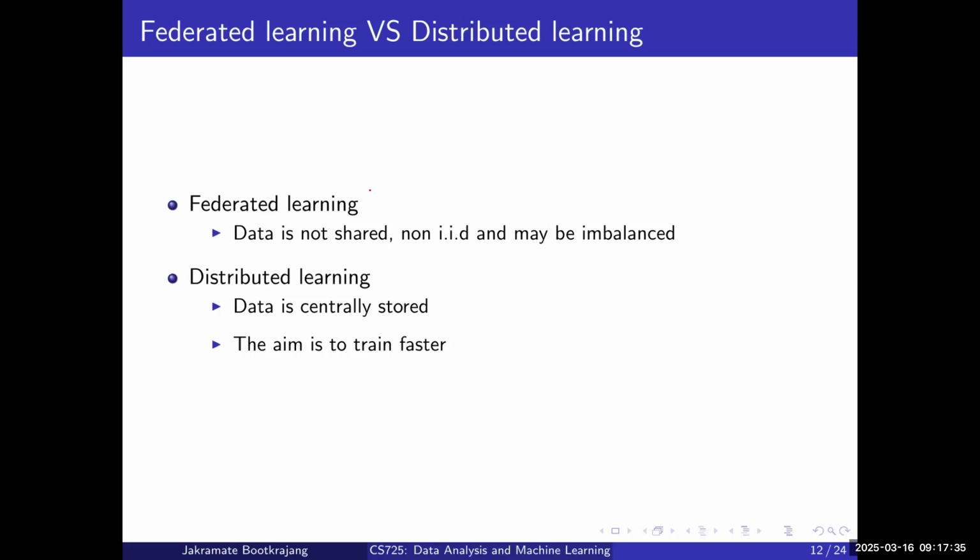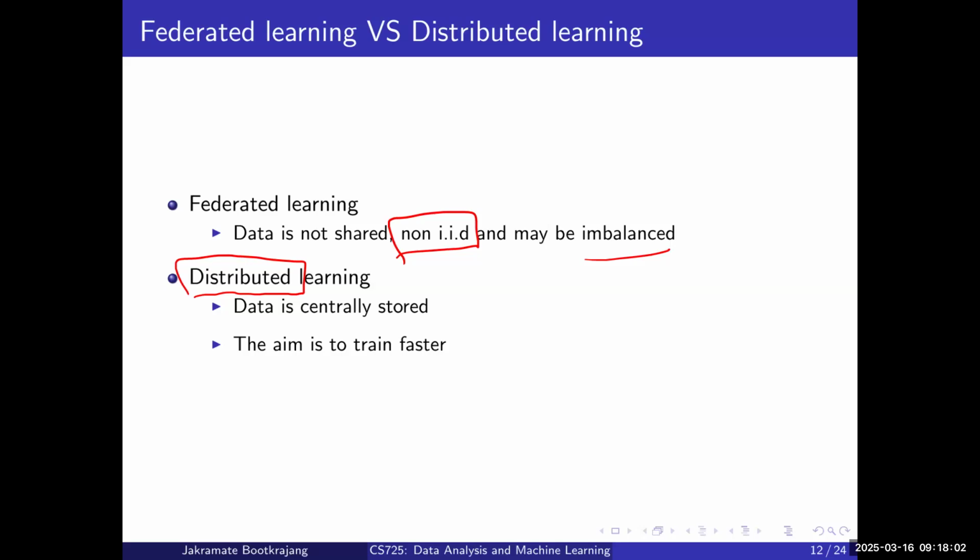It is non-IID, which means that it can be very biased, right? And be imbalanced. But for distributed learning, the word distributed means that your data is still in one place, but you have multiple CPU, multiple GPU that would help training on the same pool of data, right?